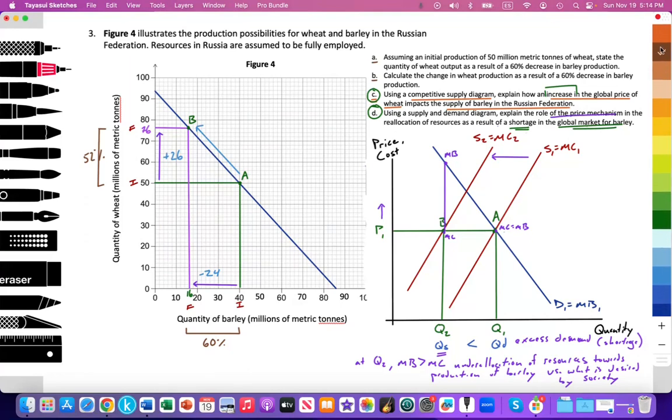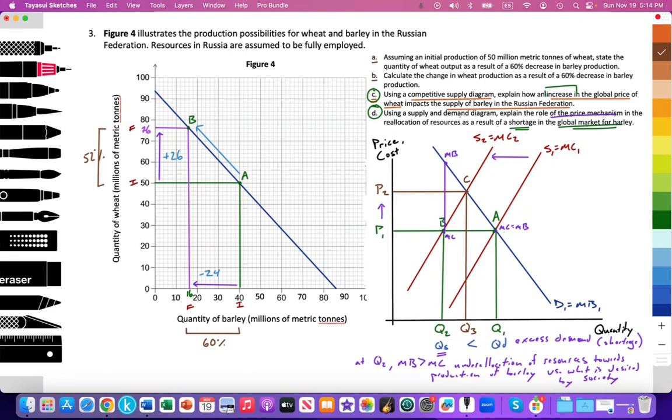So we're going to draw that where S2 equals D1. Let's use our ruler and show this new price and this new quantity of output. Price will rise from P1 to P2, and that's going to alter the quantity supply and demand until we get to point C, this new long-run equilibrium.